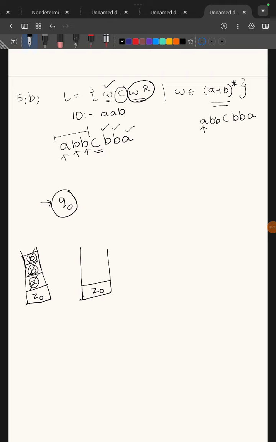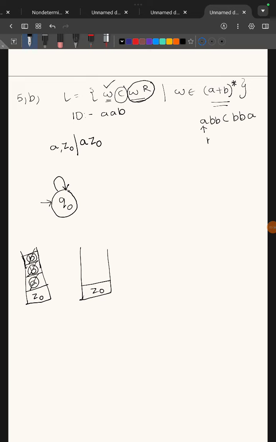I will erase all these things and write over here. A is the symbol I am going to push. My top of the stack is Z0. I am going to push the symbol A inside my stack. Now the stack will become A Z0, where A is the top of the stack and below that we have Z0.